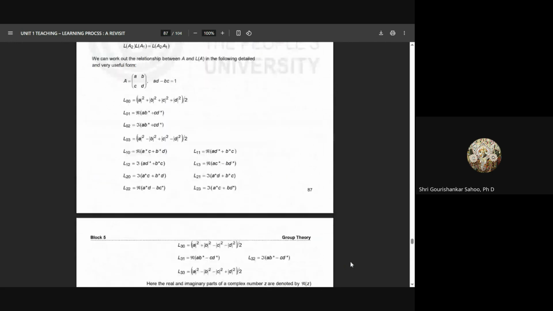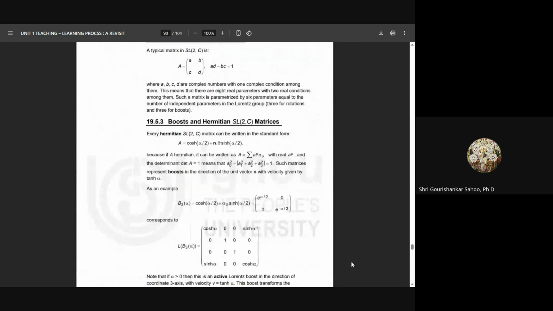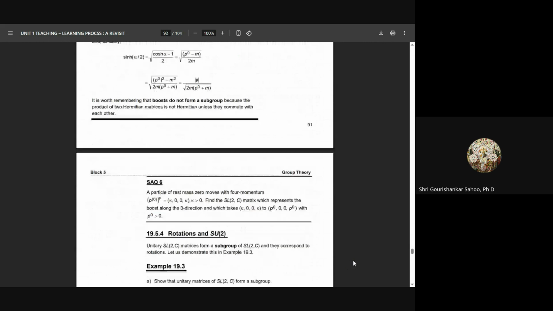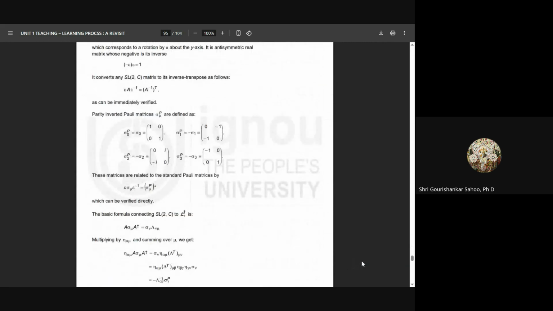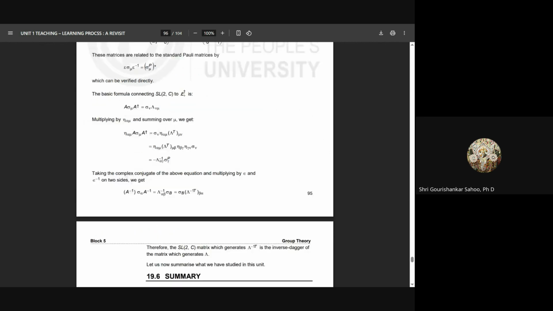These are the Pauli matrices: (1 0; 0 1), (0 1; 1 0), (0 -i; i 0), (1 0; 0 -1). Pauli matrices are very important in quantum mechanics.